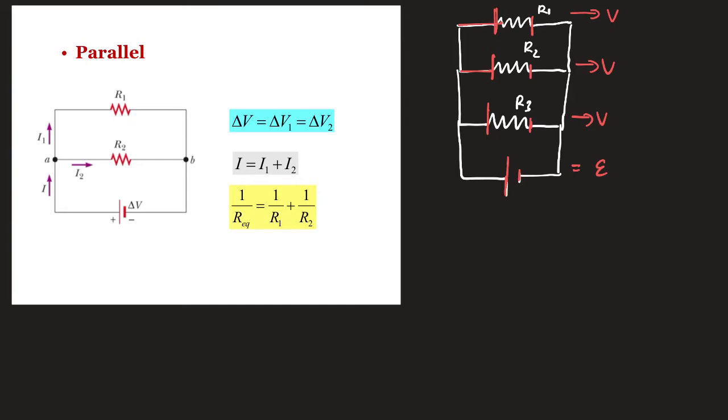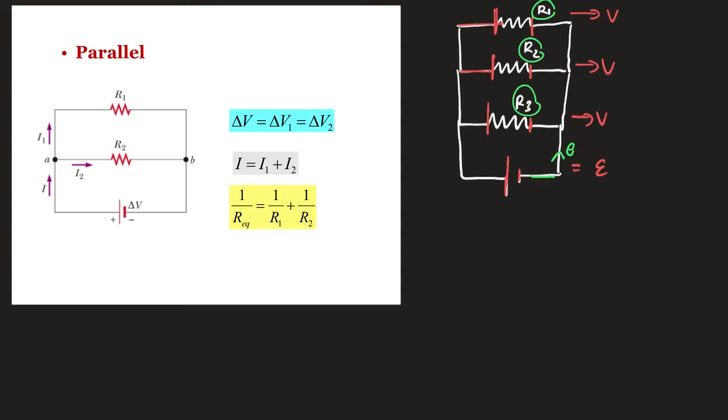And how about the current? When we talk about current, definitely we talk about electron flow. The electron flow is going to be in this direction, and because electrons here have additional paths, they can pass through R1 or R2 or R3. It means that the electron flow for each resistor is going to be different.